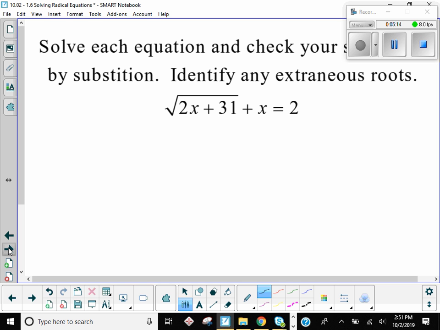Is it all alone on the left side, or does it have something with it? It has an x. Okay. So in order to isolate it, you have to undo anything that's on the outside of it. And so that plus x is there. So to undo that, we subtract it from both sides. And that leaves me radical 2x plus 31 equals 2 minus x.